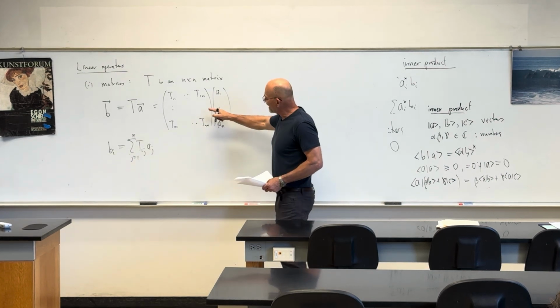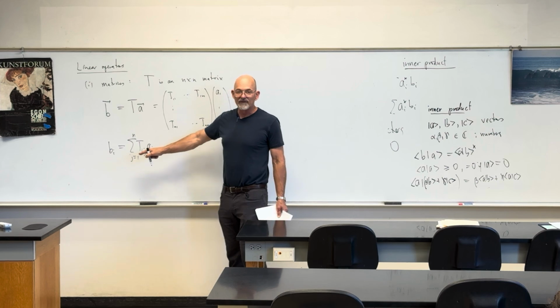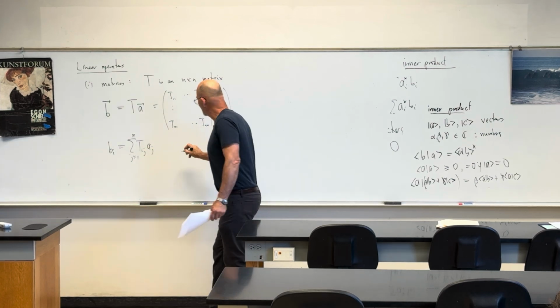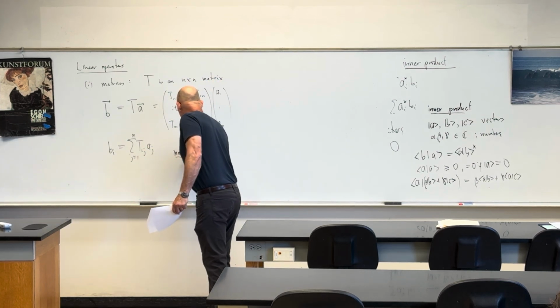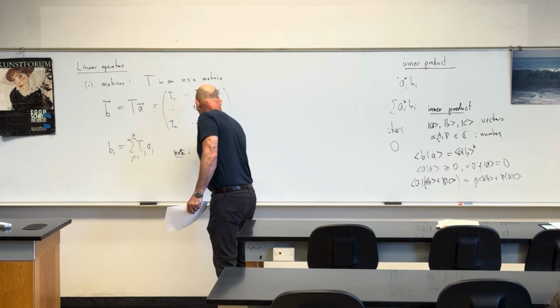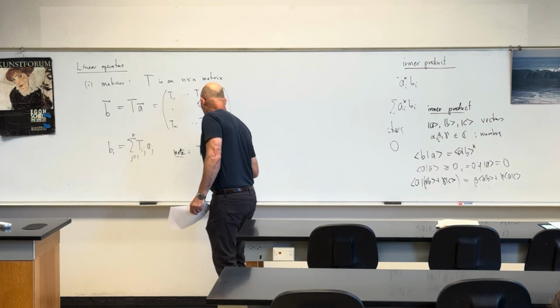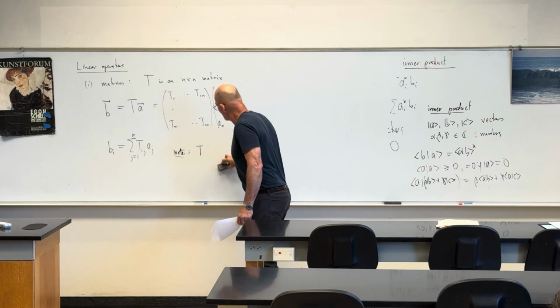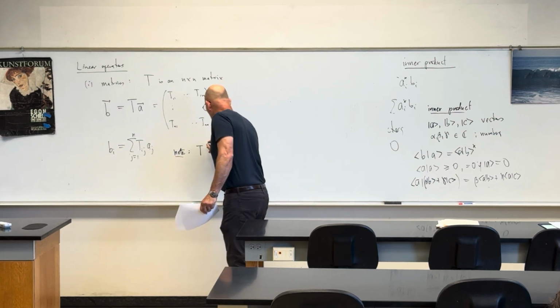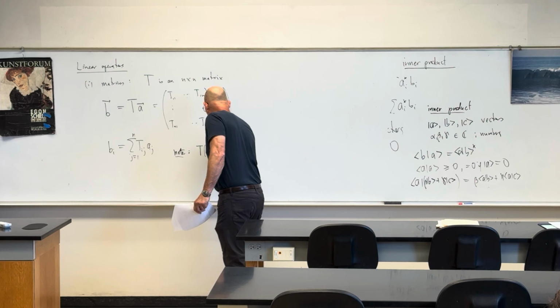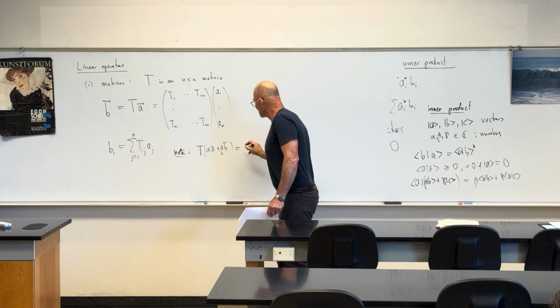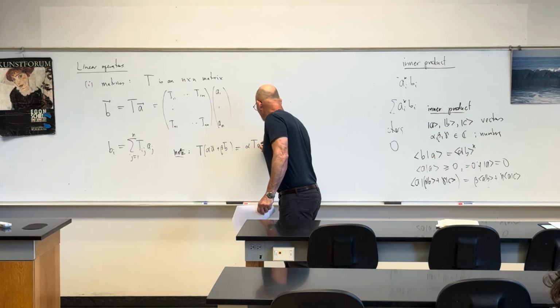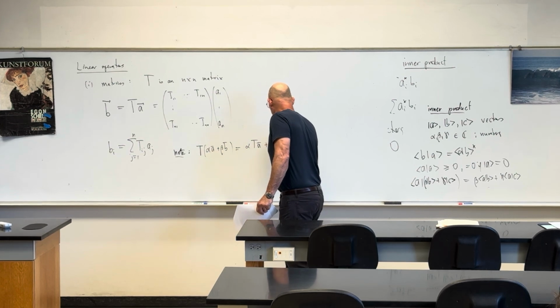And we actually showed the linearity of this operation. We've done that before, T of A plus B. In fact, in the summation formulas, I'll go ahead and write T of alpha A plus beta B. You can easily show it equals alpha TA plus beta TB.